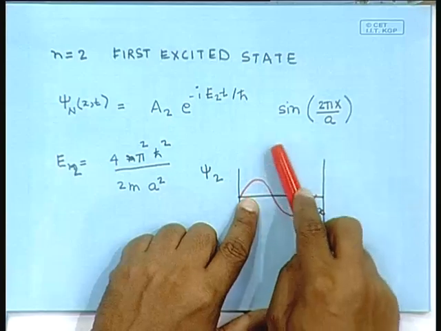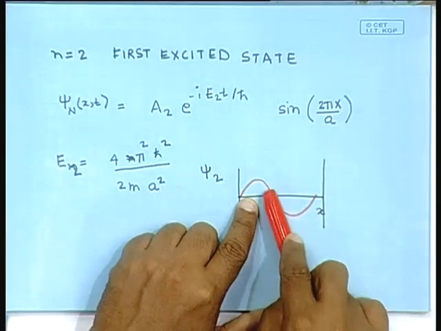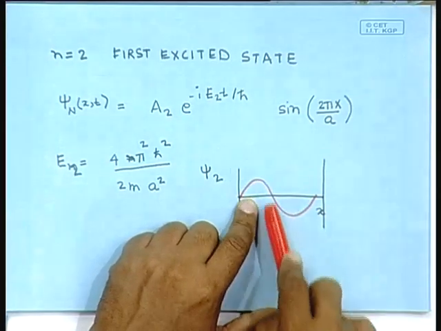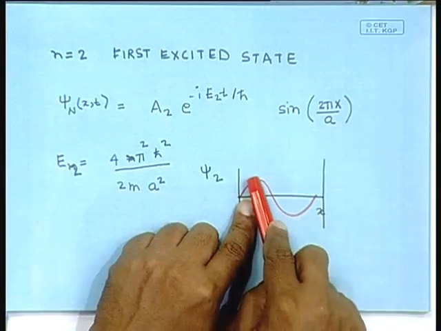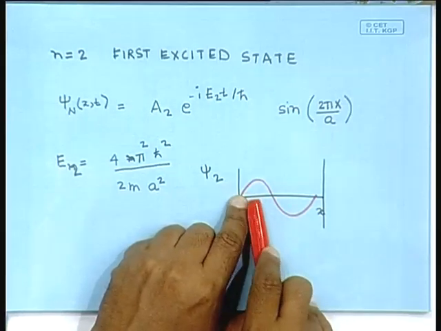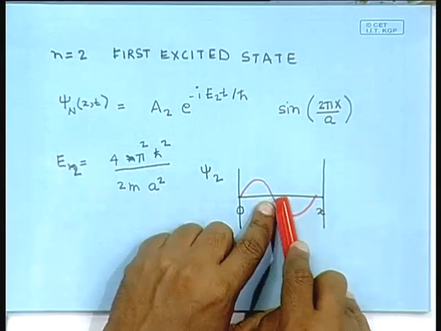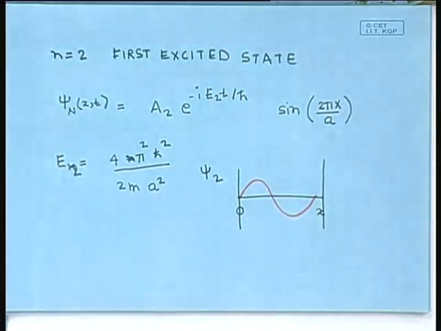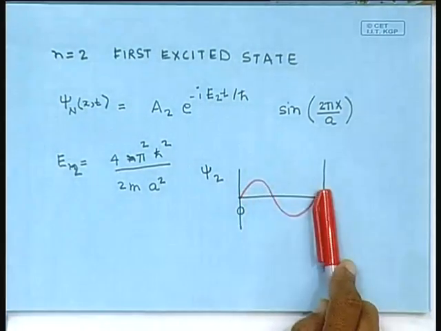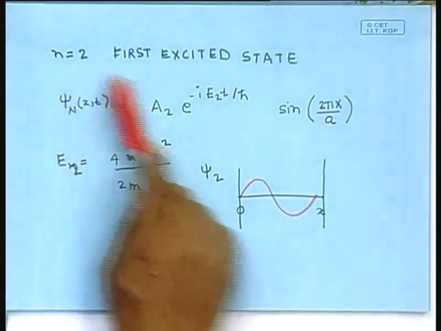The probability of finding the particle is going to be 0 near the center, and it is going to have two maximas, one at a by 4 and the other one at 3a by 4. So the probability of finding the particle at different positions inside has changed if I look at the first excited state.